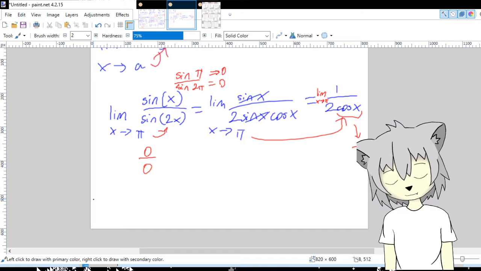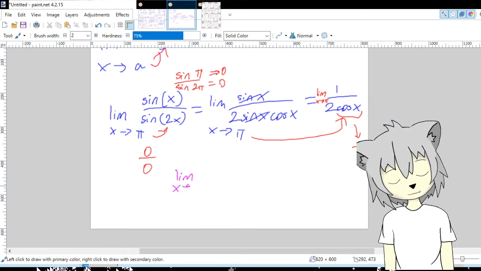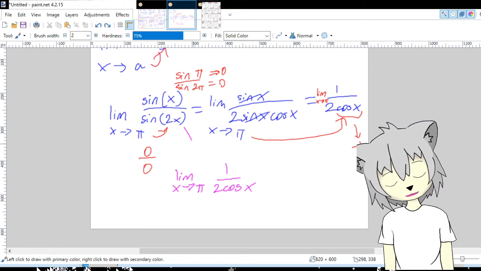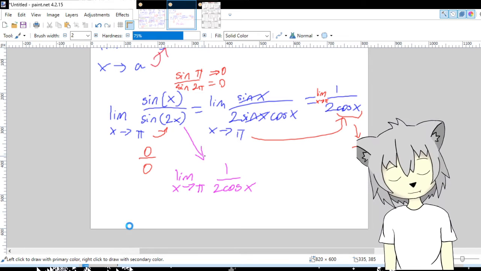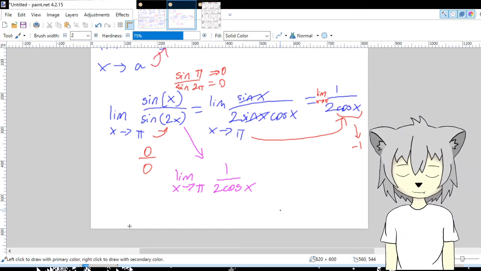So basically, we end up with the limit as x approaches pi of 1 over 2 cosine of x. We ended up there through factoring out and doing trig identities and stuff like that.